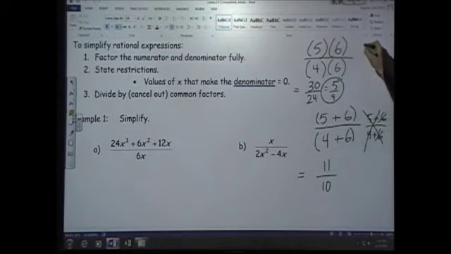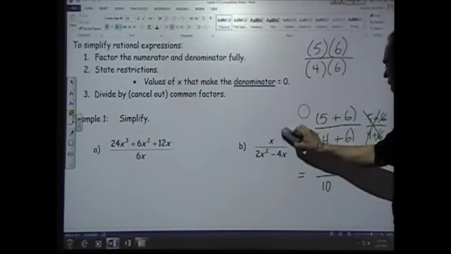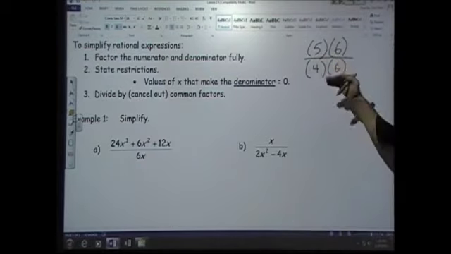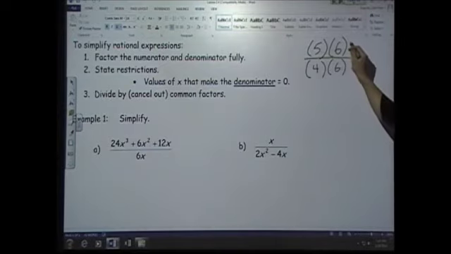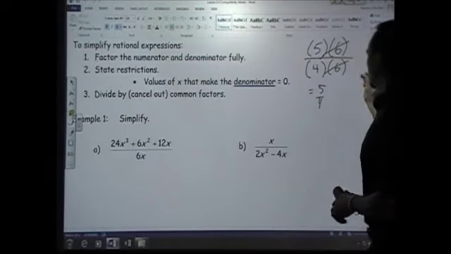But instead, since it is all multiplication, you could actually cancel out these 2 factors. Those are the exact same 2 factors. As long as it is all multiplication and division, cancel them out and you're just left with 5 over 4. So that's just a little highlight for what we're going to do right here.